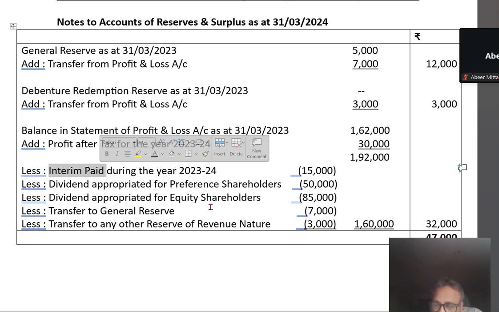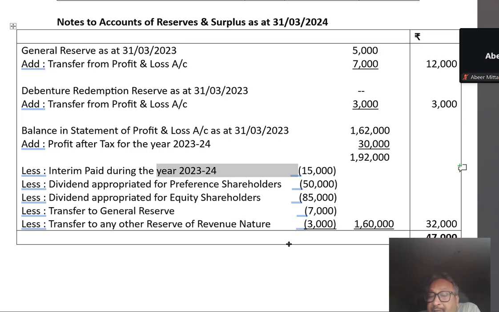The profits are so big that they decide to pay dividend then only instead of waiting for the year to end. Such dividend paid in the month of August to September is interim dividend. So that dividend has been paid out of the profits of that year itself.